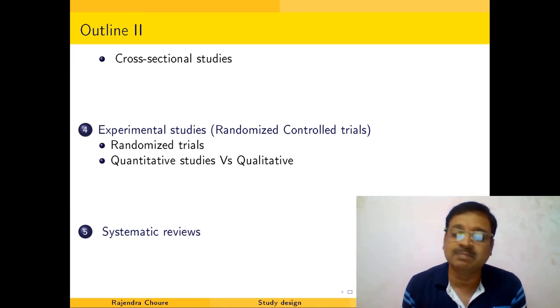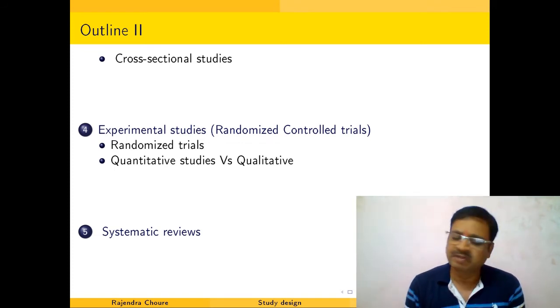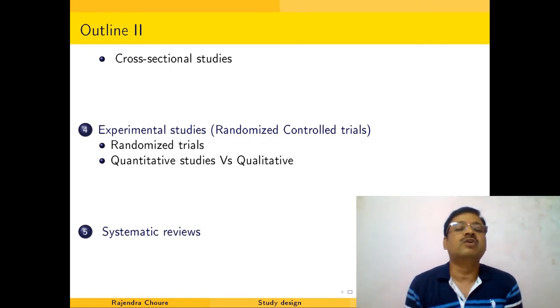A systematic review itself is a research study design. You analyze previous data and previous literature very systematically, and out of that you derive conclusions. Without going to the laboratory, you can do your research if you go for systematic reviews.